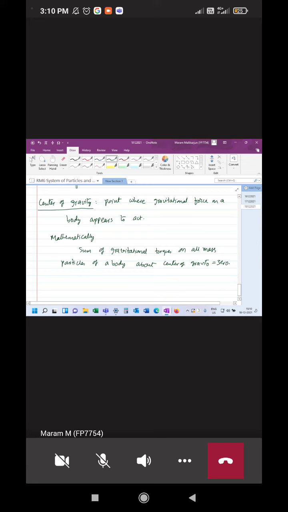The sum of gravitational torques of all mass particles about the center of gravity will be 0. That position is called the center of gravity.